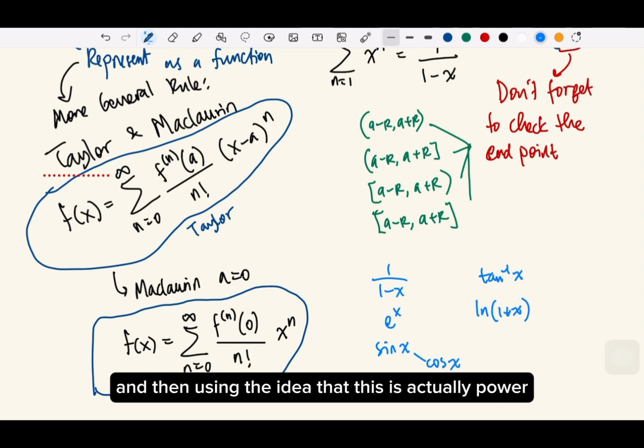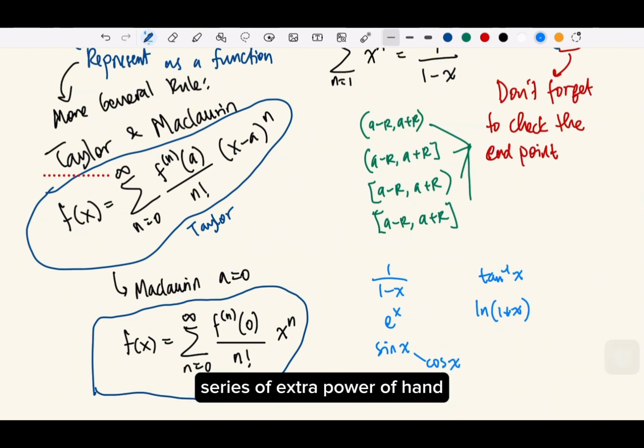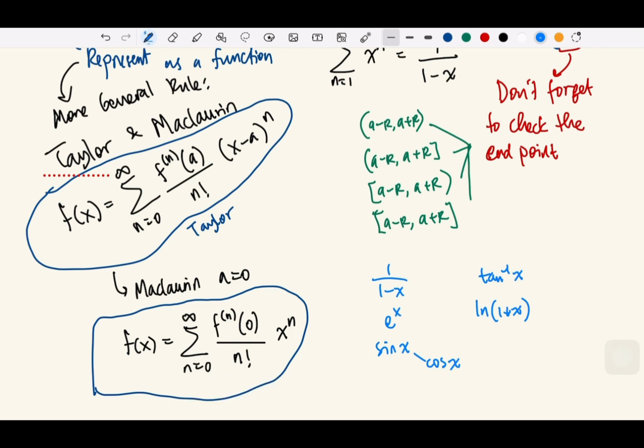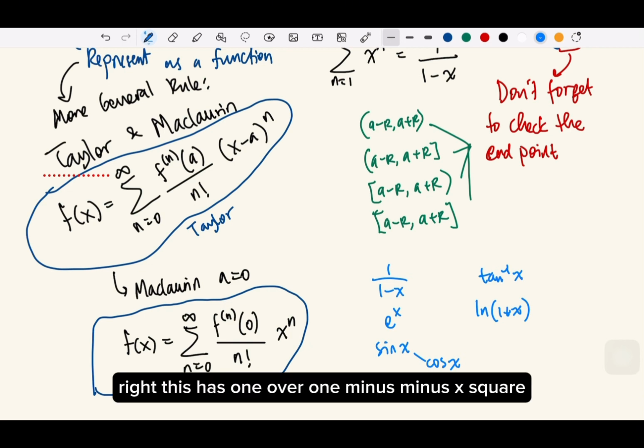And then using the idea that this is actually a power series of x to the power of n, we can exchange. And then we know that for the tangent inverse, if we differentiate it, it will be 1 over 1 plus x squared, which we can write as 1 over 1 minus negative x squared. Okay?